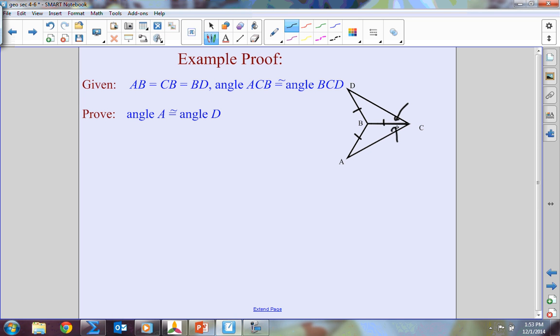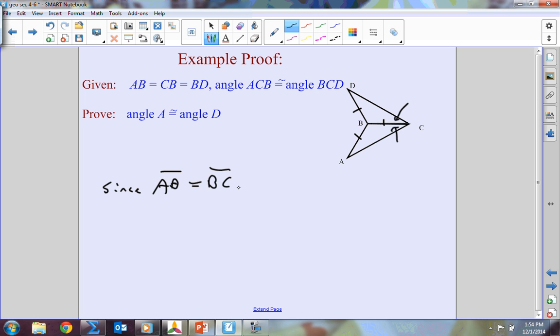We have two isosceles triangles. So that means I have two sets of congruent angles. And so let's just do sort of a paragraph proof. Since AB is the same as BC, that's a B, sorry.